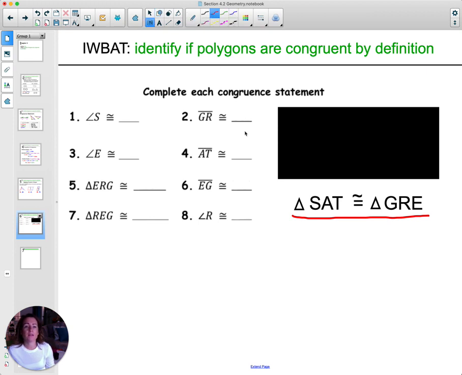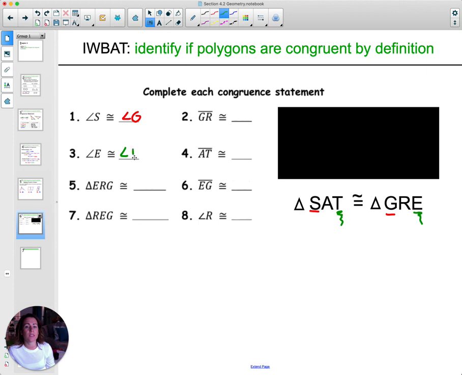So angle S is congruent to what? Okay, so then you look in the congruent statement. S is right here. It's the first letter, so it's going to be congruent to the first letter in the other one. So angle S is congruent to angle G. Angle E, that's the last letter.